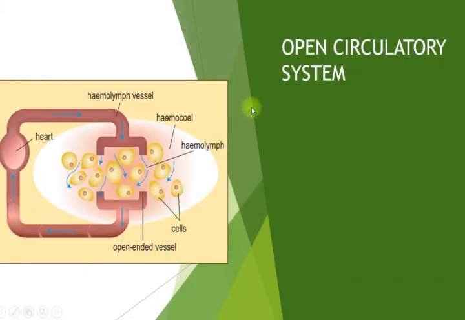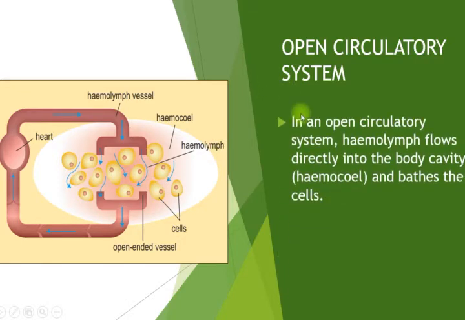We go to the open circulatory system first. In an open circulatory system, hemolymph flows directly into the body cavity, which we call the hemocoel, and bathes the cells.